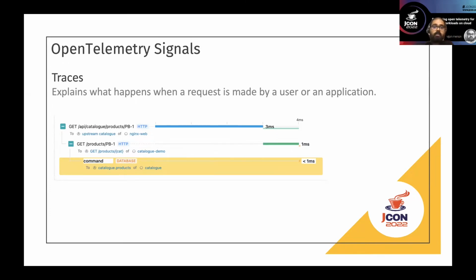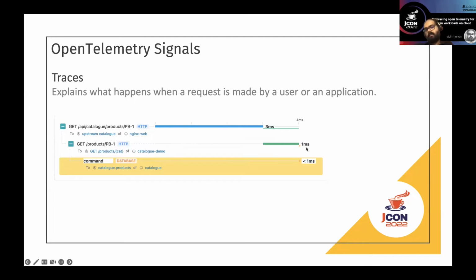And as you see in the figure, the PB1 endpoint HTTP took around 4 milliseconds, and most of the time went on PB itself, and then it made another HTTP request to PB1, which is another endpoint.